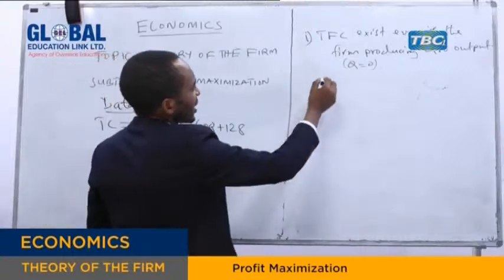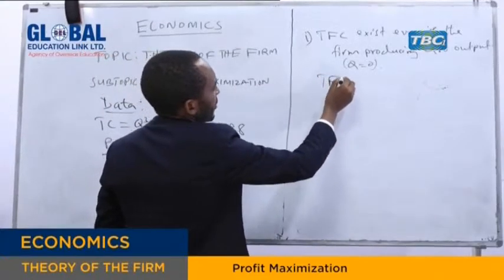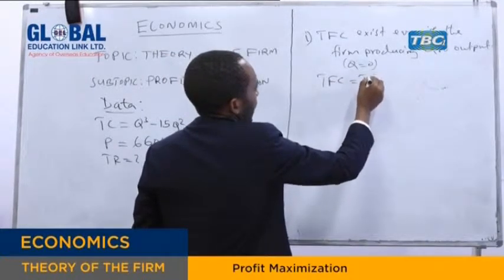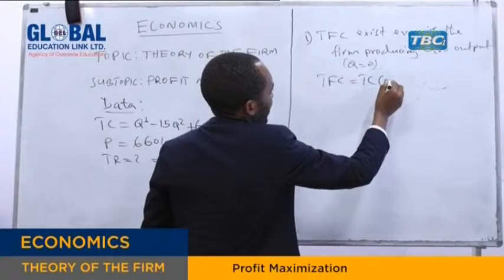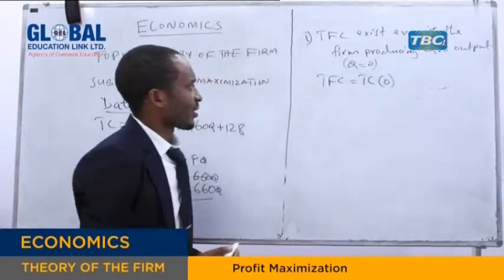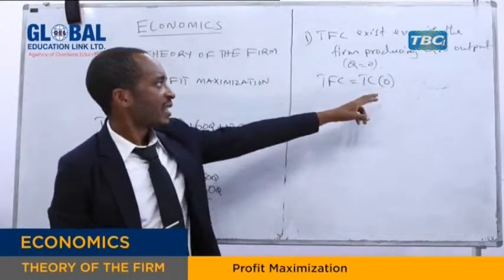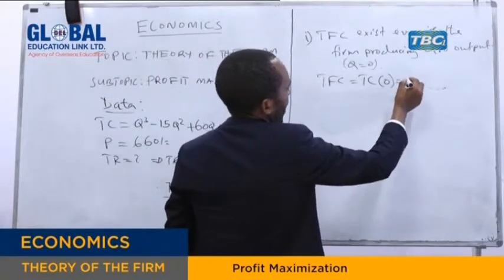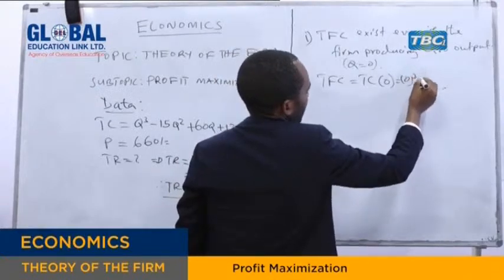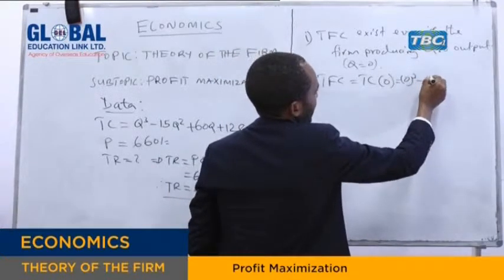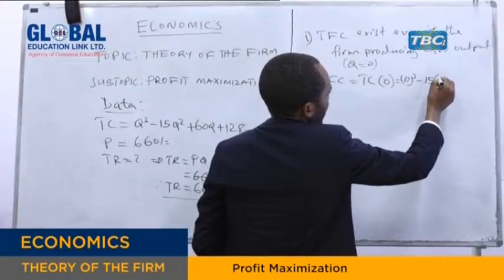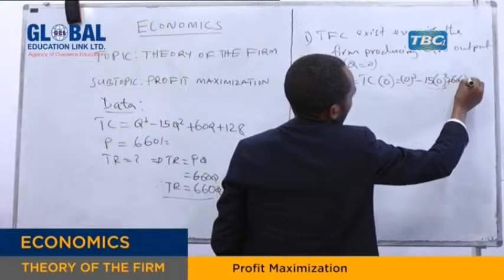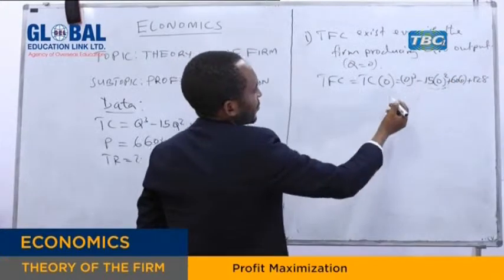So the total fixed cost will be equal to total cost even if the output is equal to 0. So you put the output equal to 0: 0 cubed minus 15 times 0 squared plus 60 times 0 plus 128.